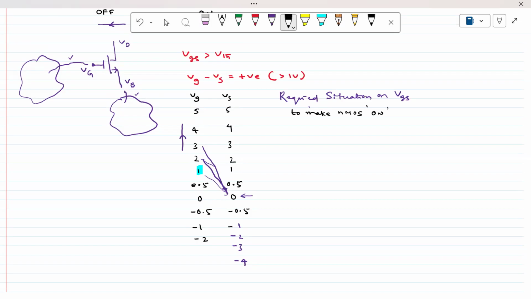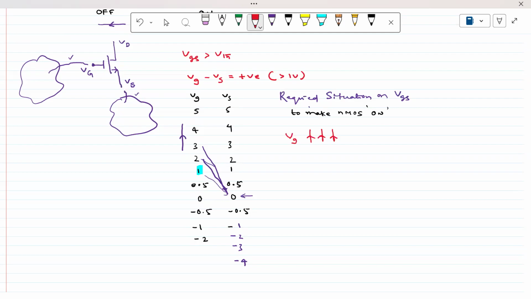What is the condition? The condition is VG must be increasing. VG must be increased. Okay, this side must be increased. That means whatever potential is coming from other circuitry to this particular transistor, it must always be in the positive direction. Okay.